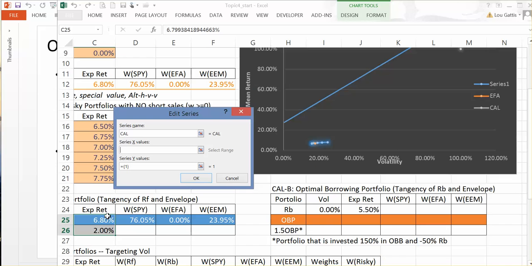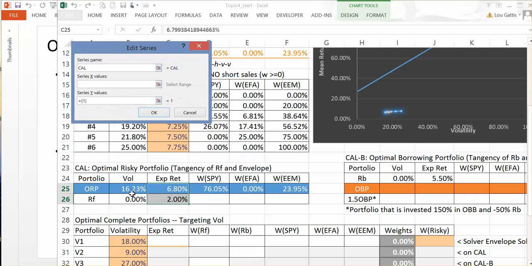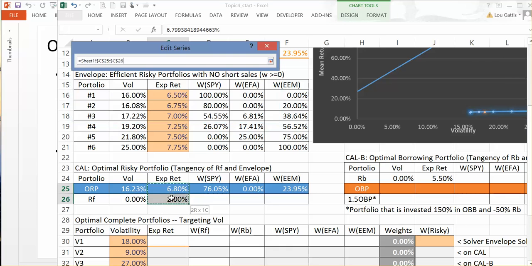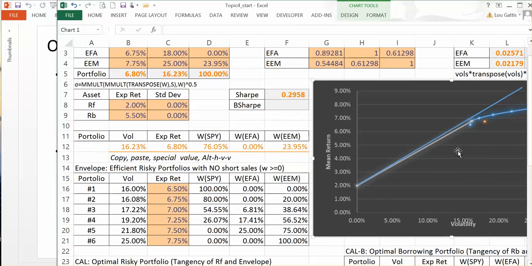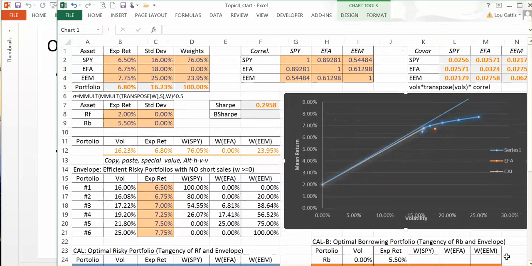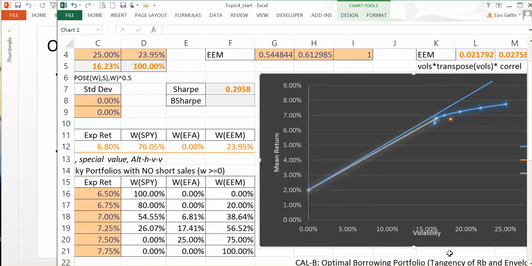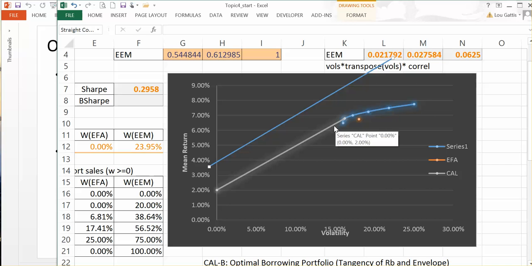The X variables are going to be my 2 standard deviations, 2 vols, and my Y are my 2 returns, and I hit OK and OK. And so now what you see in the graph are my portfolio combinations of risk-free and risky that appear to form a tangency.